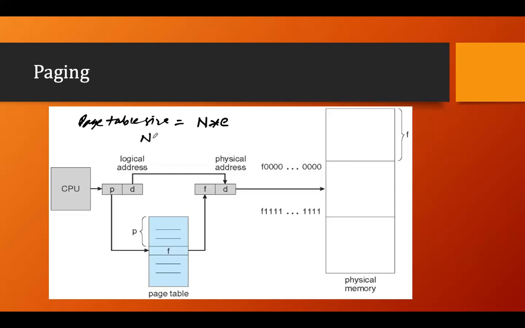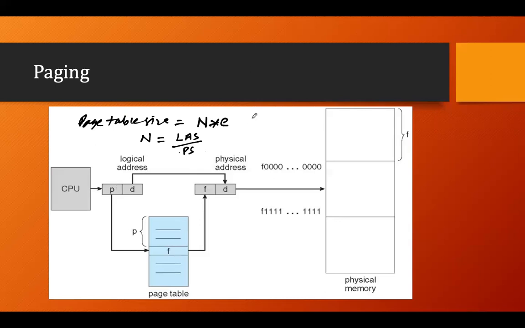The number of pages will be calculated as the logical address space divided by the page size. Depending upon the page size, we'll get the number of pages, and we have an entry for each page, right? One page, one entry; another page, another entry. In that way, we'll get the page table size.